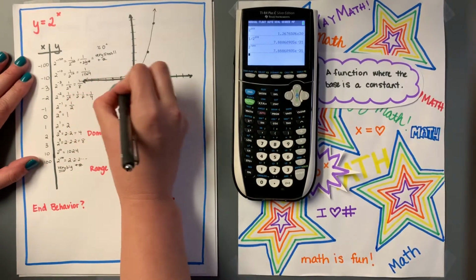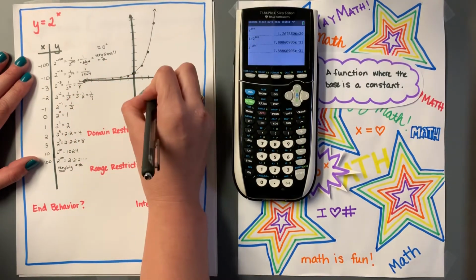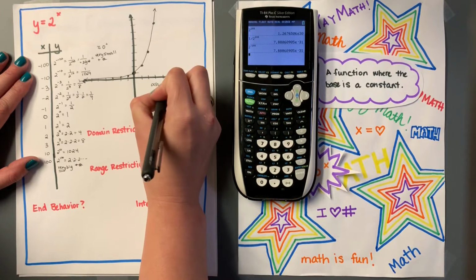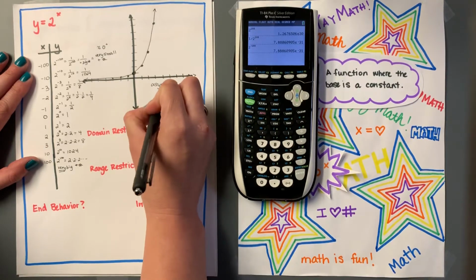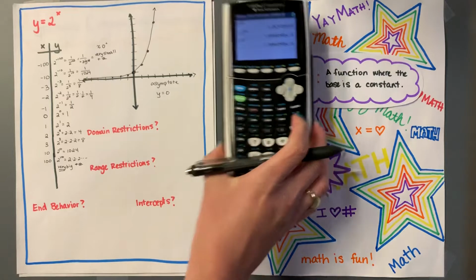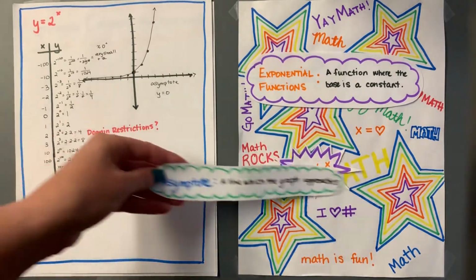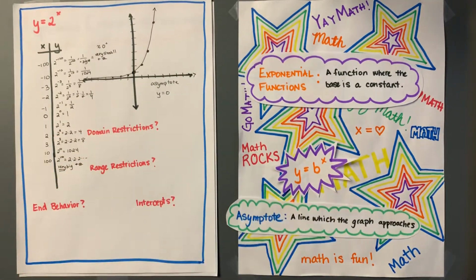So we are going to end up with what we call an asymptote at y is equal to 0. An asymptote is a line which the graph approaches but does not cross.